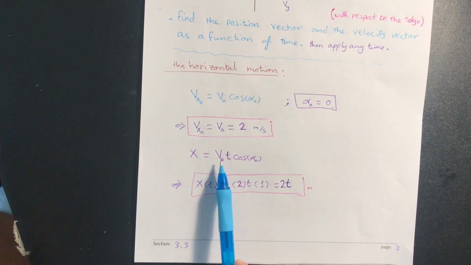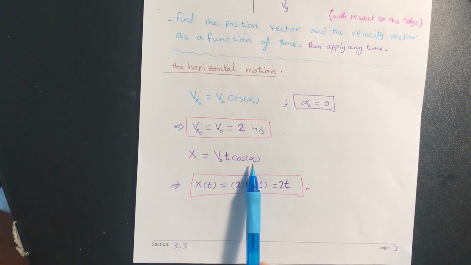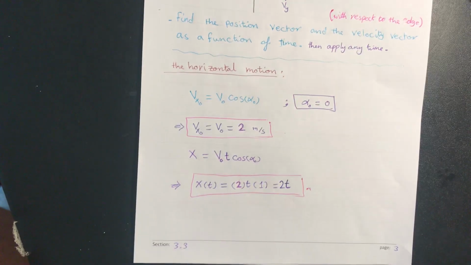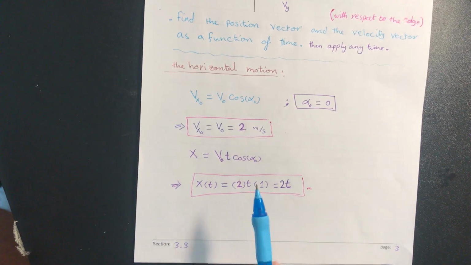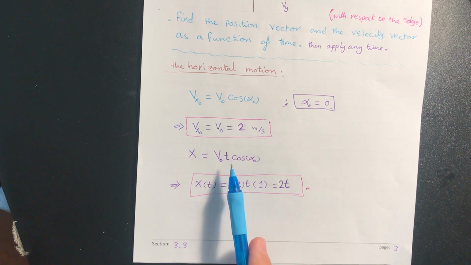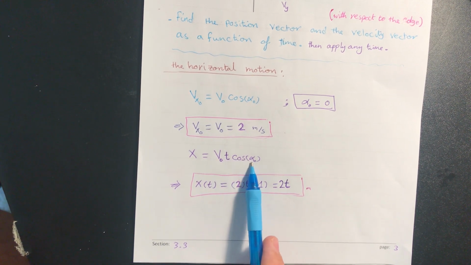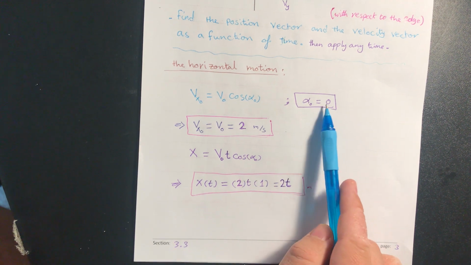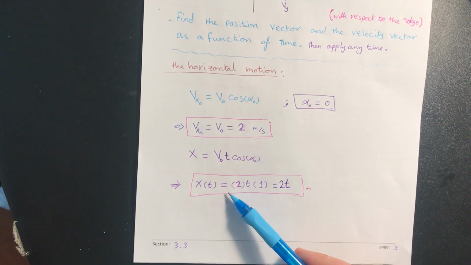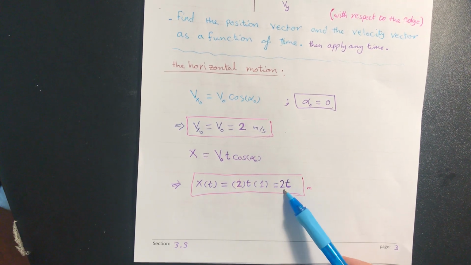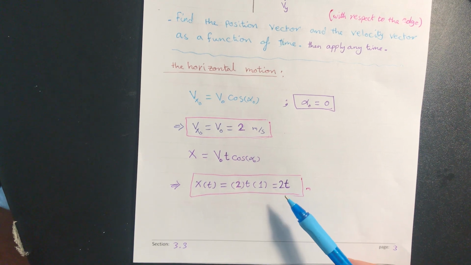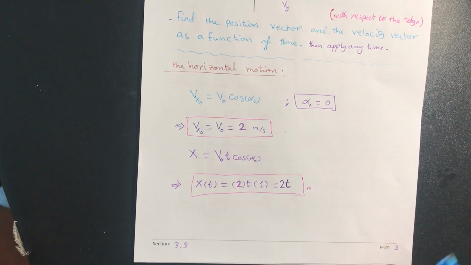The position is equal to V naught t cosine alpha, as we found from the first sheet. V naught is equal to 2, cosine alpha naught is 1. Then we have the relation x is equal to 2t. This is the x component for the velocity and the position.